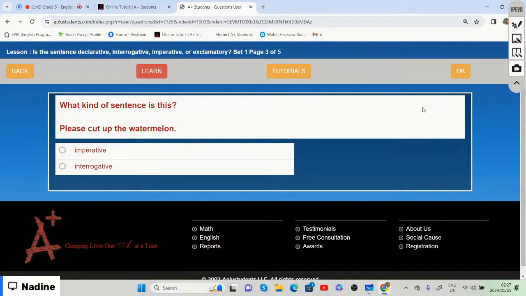Please cut up the watermelon. We need to say if it's an imperative sentence or an interrogative sentence. Please cut up the watermelon. Is it an imperative or interrogative sentence?